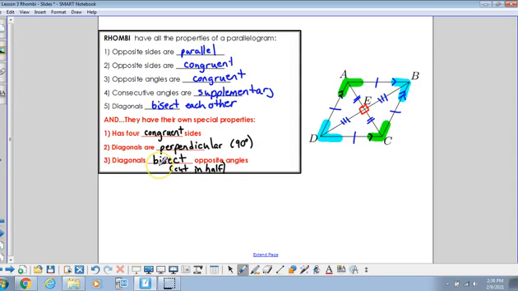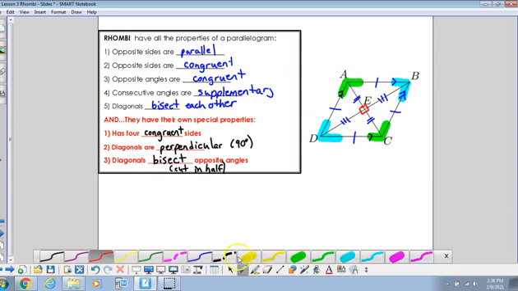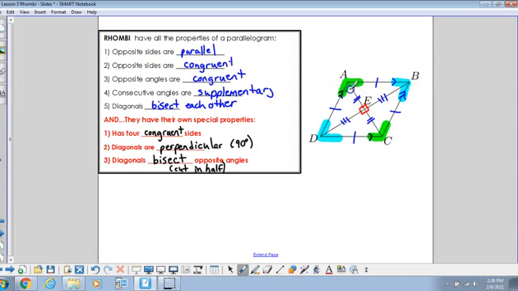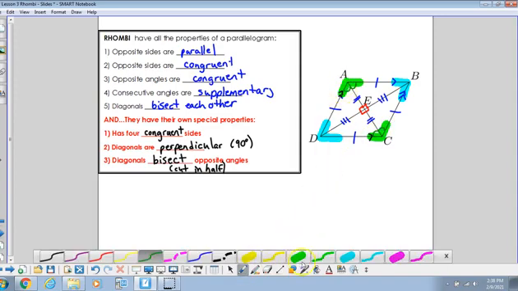When it says the diagonals bisect the opposite angles, it means it takes that big angle, that corner, that vertex angle, and splits it exactly in half. So angle A up here is being split into 2 equal parts right here, and angle C is being split into 2 equal parts down here, and all 4 of these parts have the same measure.